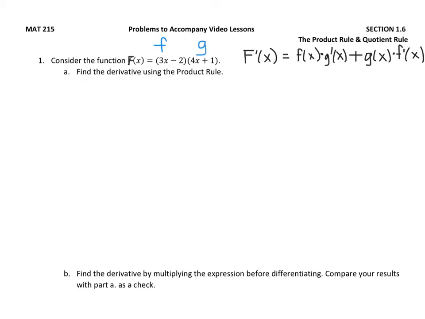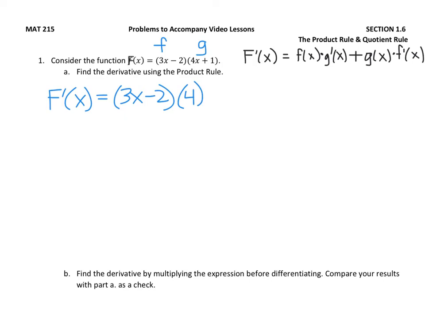Now to find the derivative, F prime of x, we first take lowercase f of x, which is 3x minus 2, and we're going to multiply that by the derivative of g of x. Well, so we need to take the derivative of 4x plus 1. The derivative of 4x is 4, and then the derivative of 1 is a constant, so that is just 0.